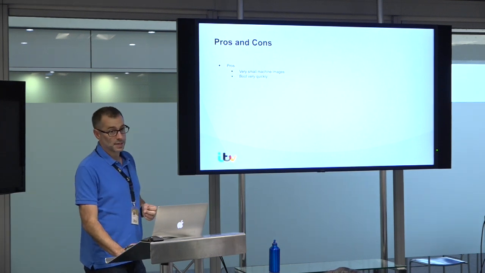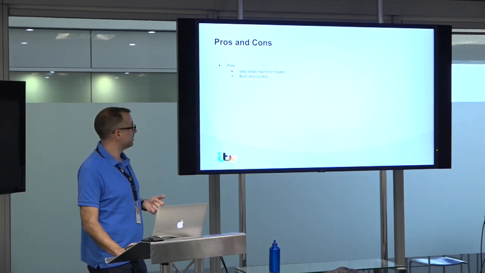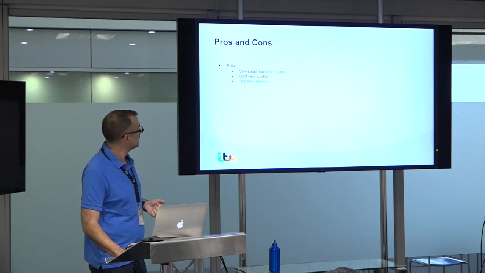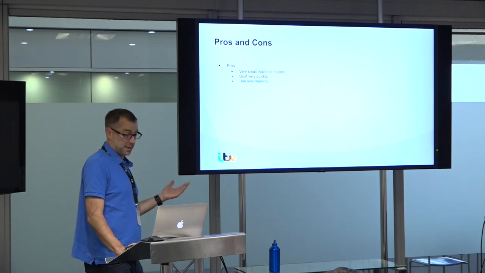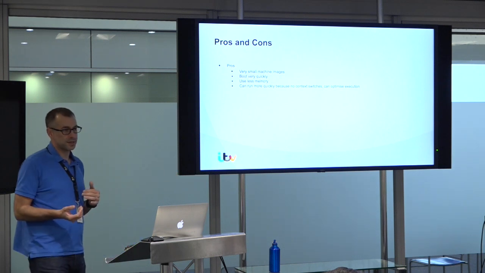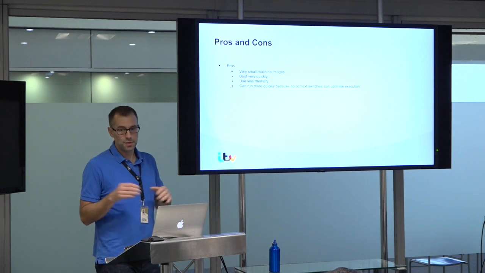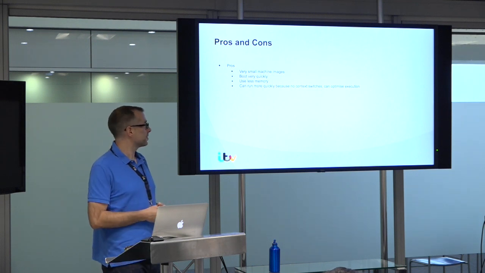They boot very quickly because of that reason. There isn't much to them, and we'll see some examples in booting later. They use less memory because there's less to them. They can run quickly because you don't have these context switches. You can also do some optimizations when you know that you are running within those kinds of constraints.